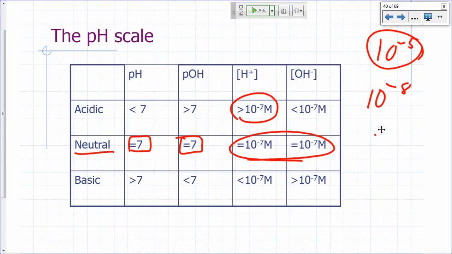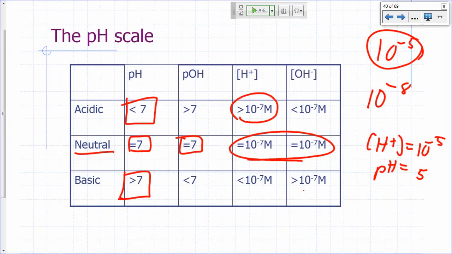What's the pH if H plus is 10 to the negative 5? pH is the negative log of that, which is 5. So if pH is less than 7, your solution is acidic. pH greater than 7, you say your solution is basic. You have more hydroxide, less H plus. So pH is lower in an acidic solution.